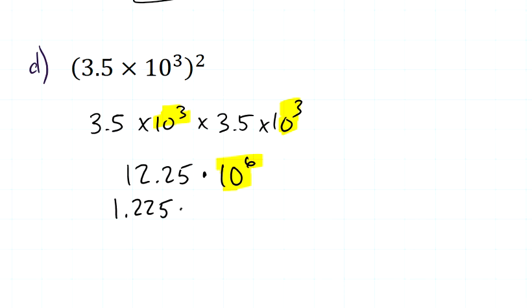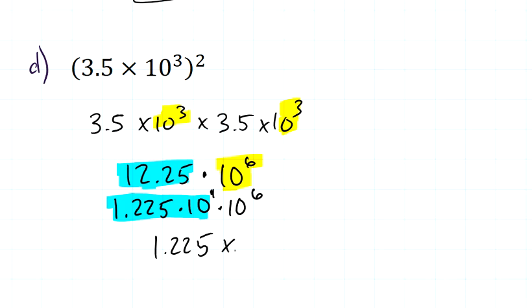Now, if I multiply that by a 10, I want you to understand that 12.25 is the same thing as 1.225 times 10. Those are equivalent to each other. And then over here I've got it times 10 to the sixth power. So I'm just going to bring this 10 to the first and 10 to the sixth together. My final answer will be 1.225 times 10 to the seventh power. So there we go.